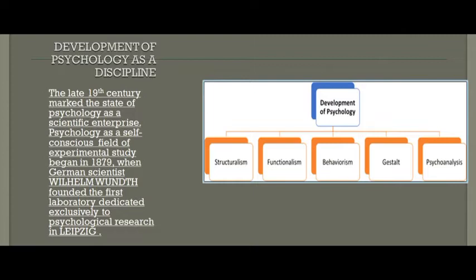If someone was suffering from a mental disorder, it was considered superstitious, that it's a ghost or something, or they have turned mad. But the 19th century marked the state of psychology as a scientific enterprise. Here it will explore the world and the world will explore psychology. The 19th century states that.